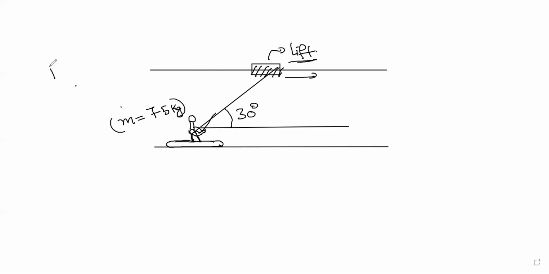This is problem one which we are seeing. The pulling force exerted on the skier by the lift has a magnitude of 18 newtons, and it is the force with which it is pulling in this direction, making an angle of 30 degrees with the horizontal.